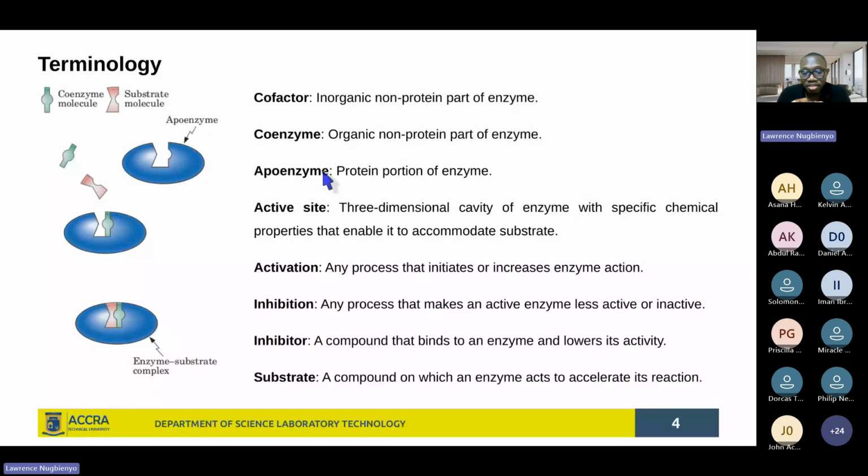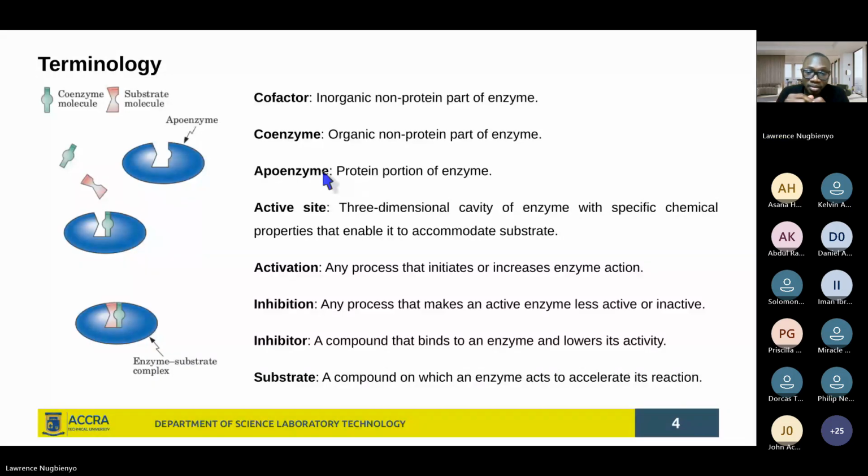And we have activation. So any process that will increase the activity of an enzyme or initiate the activity of an enzyme, that process is activation. And the opposite of that is inhibition. So inhibition will either slow down the activity of an enzyme or terminate the activity of the enzyme, stop it altogether. That's inhibition.